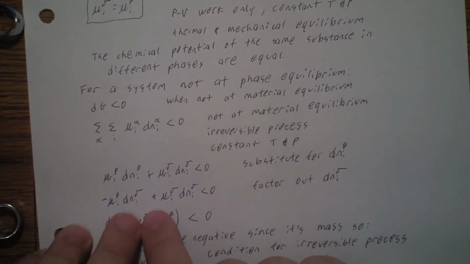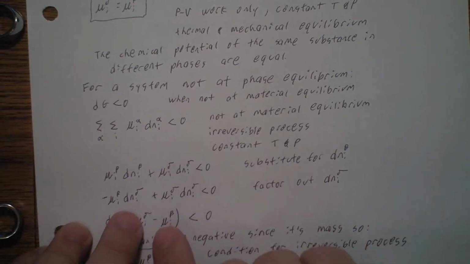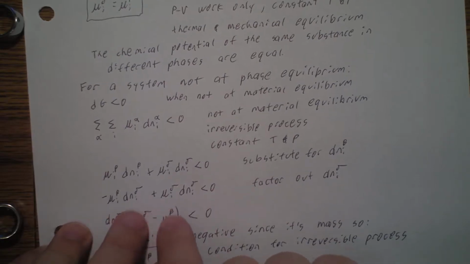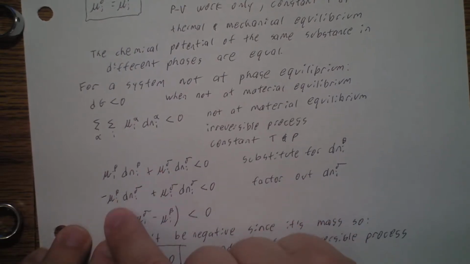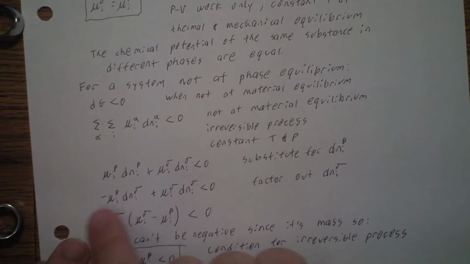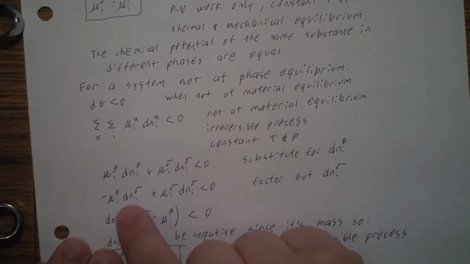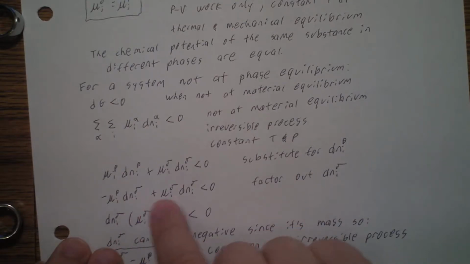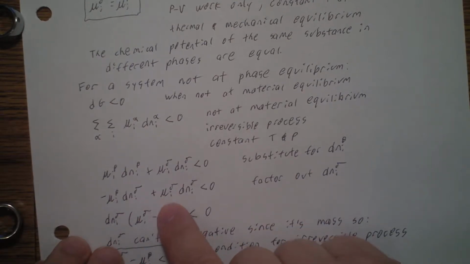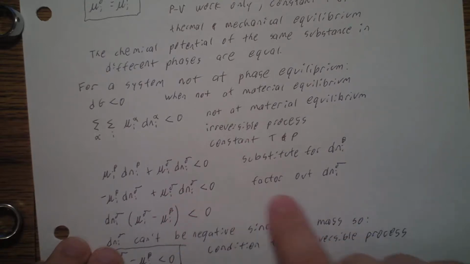Just like we did up there, saying they're equal by conservation of energy, notice we changed this to beta, now we've got a minus sign here. So minus the chemical potential of substance i in phase beta times the differential of the number of moles of substance i in phase delta, plus the chemical potential of substance i in phase delta times the differential of the number of moles of substance i in phase delta, is less than 0.